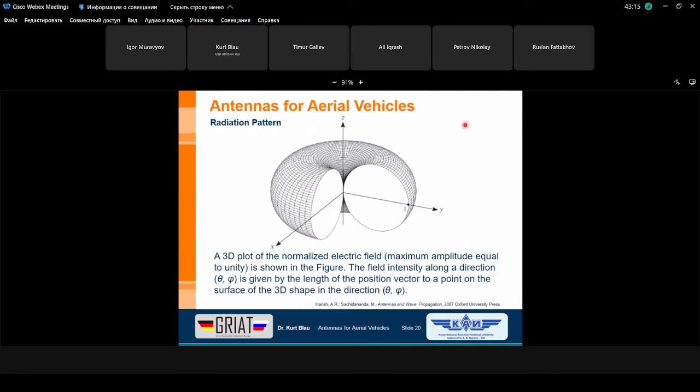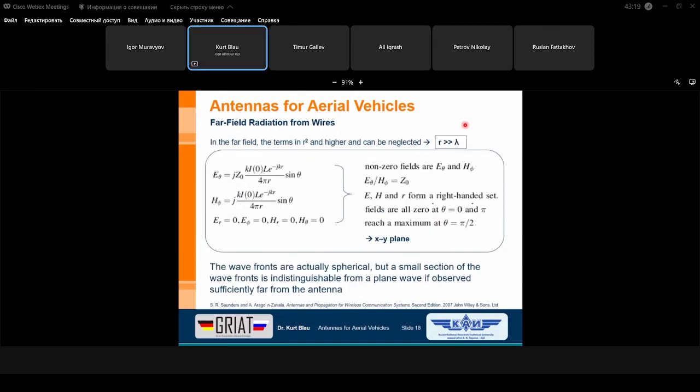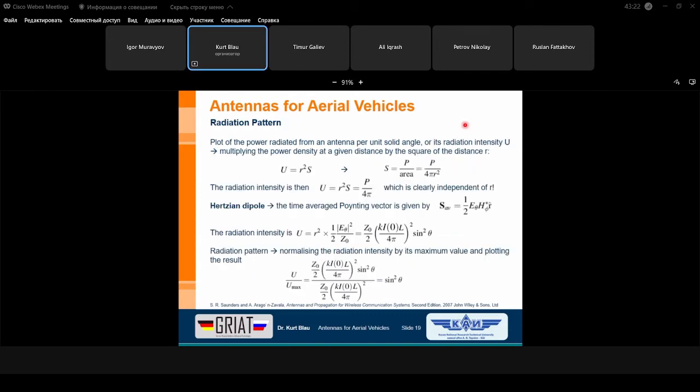And now we want to at least discuss this problem, the radiation pattern. How can we measure the radiation pattern of an antenna if we do not think about all the problems?